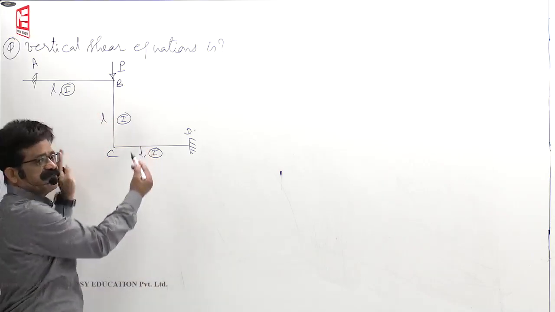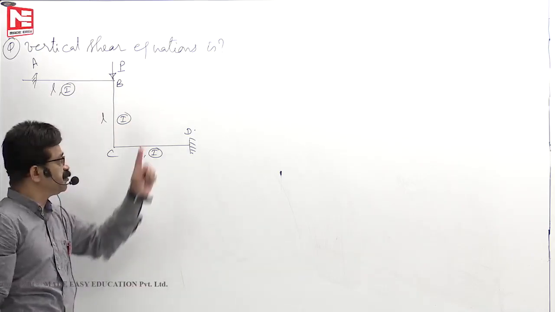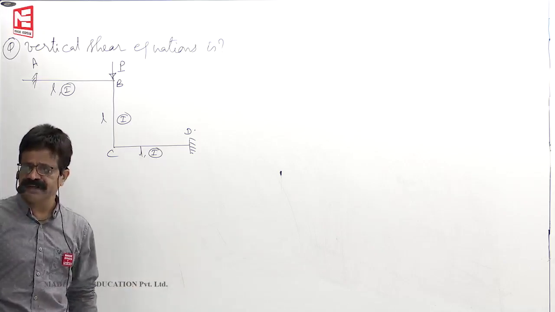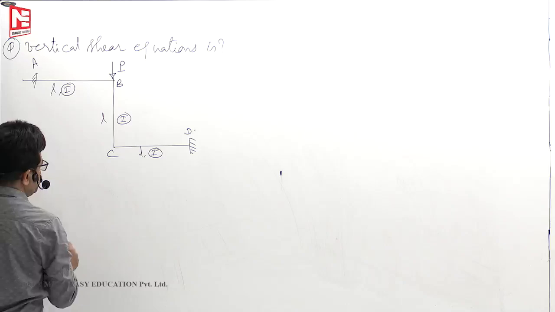So, you have to write sigma y equals 0. So, for that again free body diagram of AB, CD are enough, or AB, BC, CD also if you want you can write it. That is our choice.